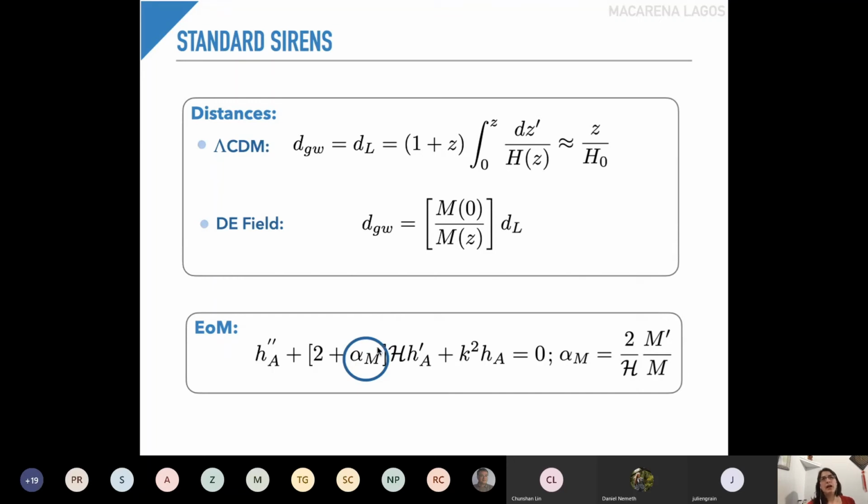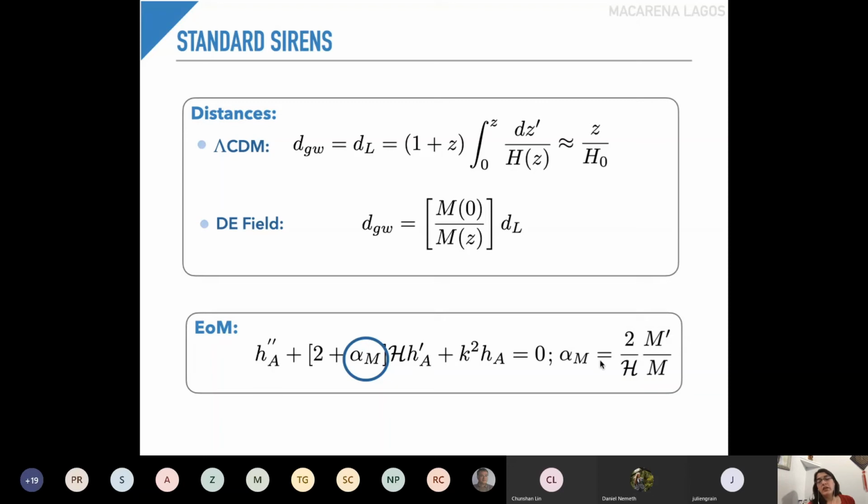But now that you have this time varying effective Planck mass, actually you will have an additional contribution here to the friction term, that is this alpha M, that is given by this formula. So alpha M is proportional to the time derivative of M. So if M is a constant, alpha M vanishes, and you recover the LCDM model where only H, the actual Hubble friction, affects the amplitude of gravitational waves.